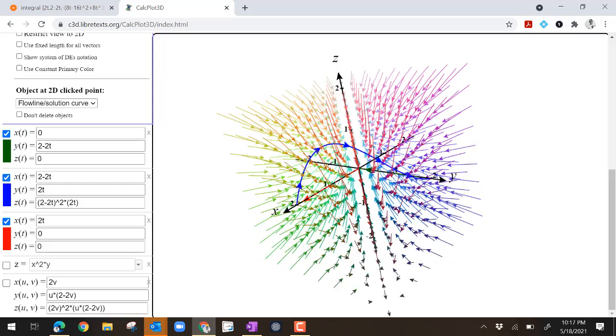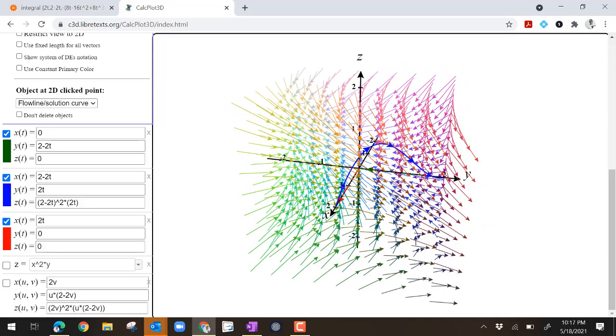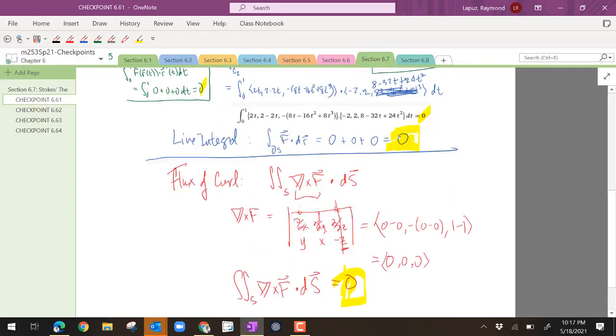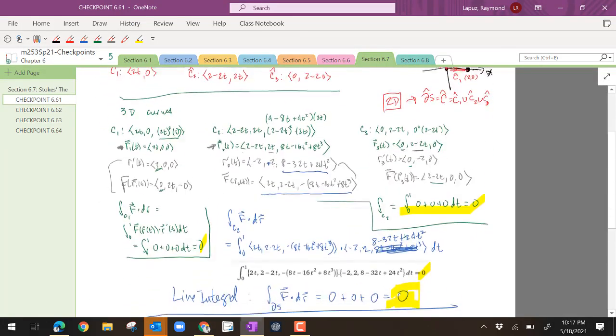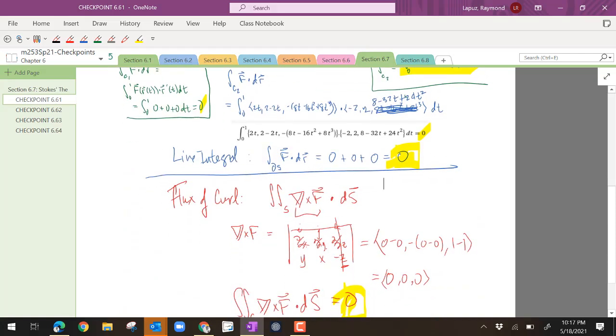Okay, so that's the geometric viewpoint of this problem, but the actual Stokes theorem analysis is laid out here. Okay, I hope that helps. I know that's a lot, but it's what we need to do for these different things.